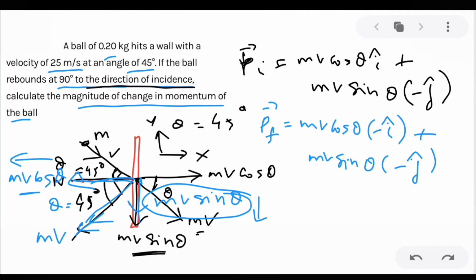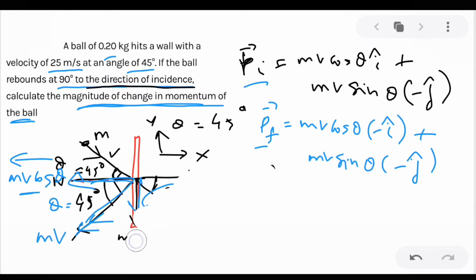So we have the initial momentum and the final momentum, and in the question it is asked to calculate the magnitude of change in momentum. So the change in momentum, delta p, is equal to final momentum minus initial momentum.